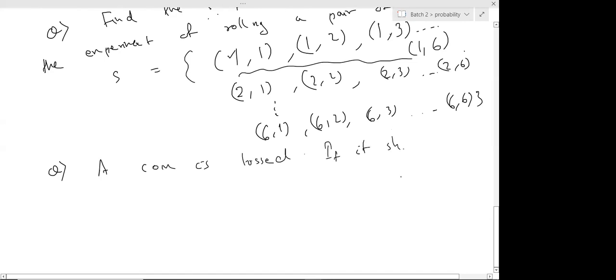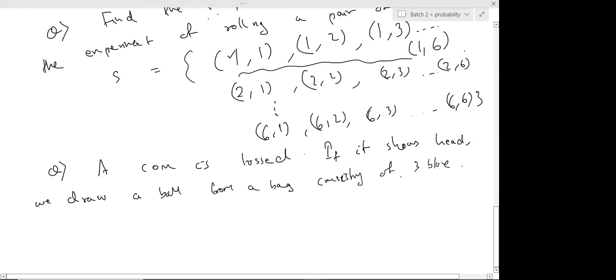If it shows head, we draw a ball from a bag consisting of 3 blue and 4 white balls.